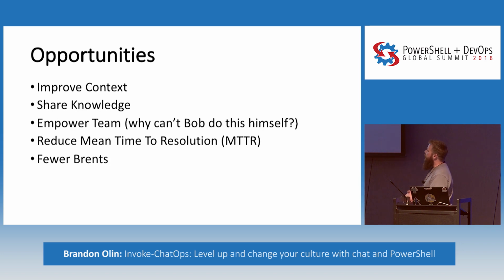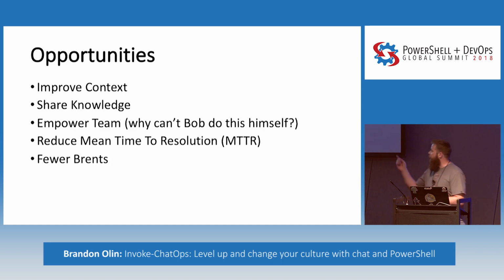So Sally or Bob didn't gain any knowledge on how to fix this particular issue. And neither Sally nor Bob were empowered to do this themselves. And ideally, Bob should be able to fix this problem himself.